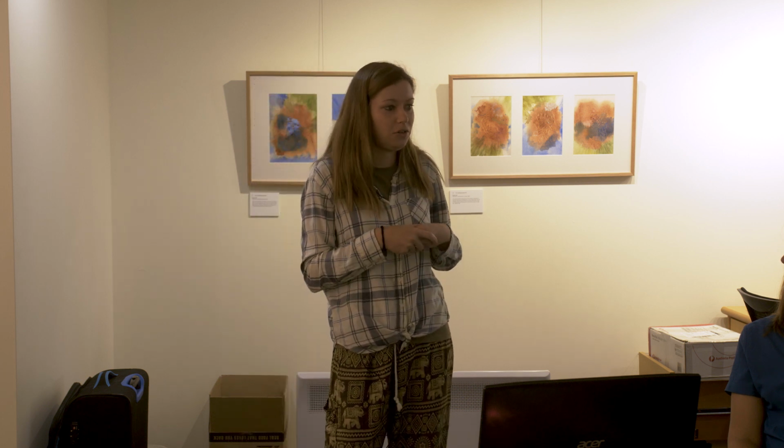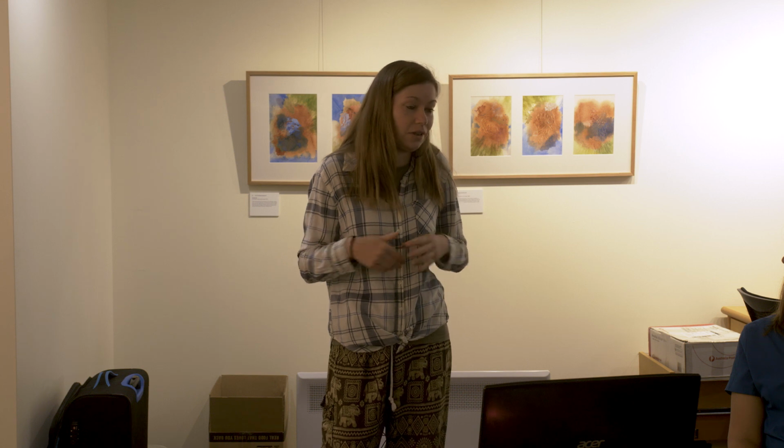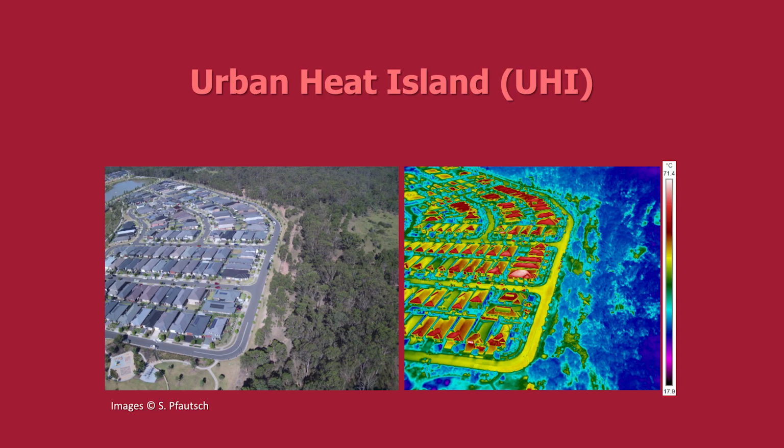And this urban heat island effect occurs when we replace these green and open spaces that provide cooling with built environment that leads to warming. And here I have an example of micro-scale urban heat island effect. This is one of the suburbs in Western Sydney.